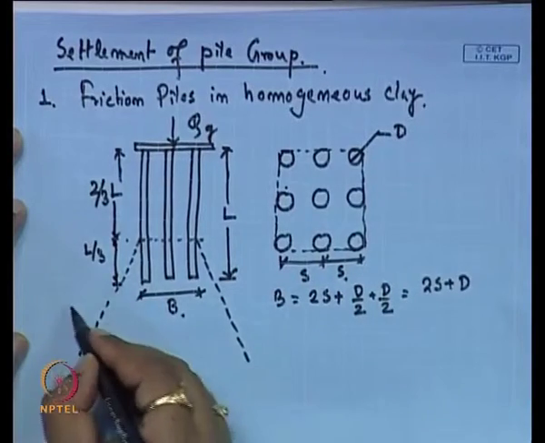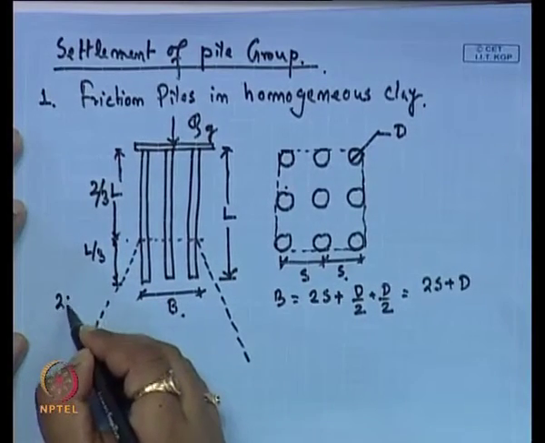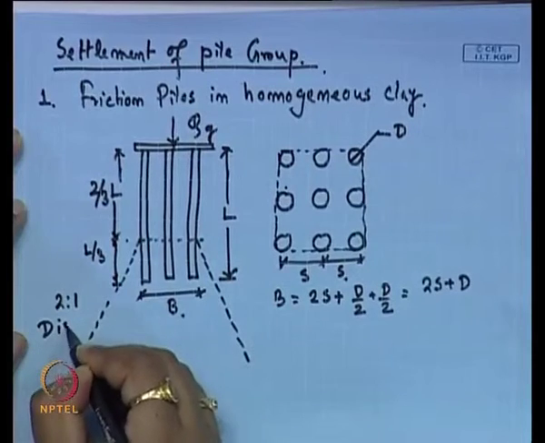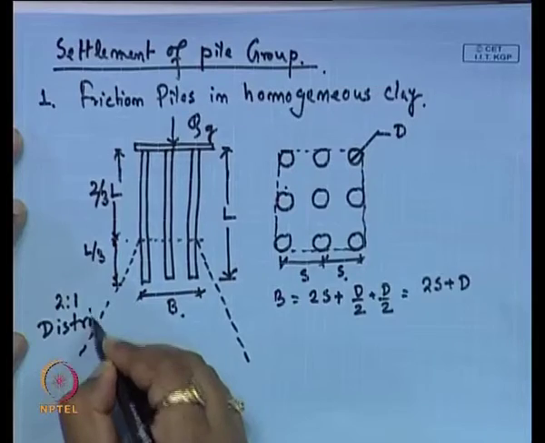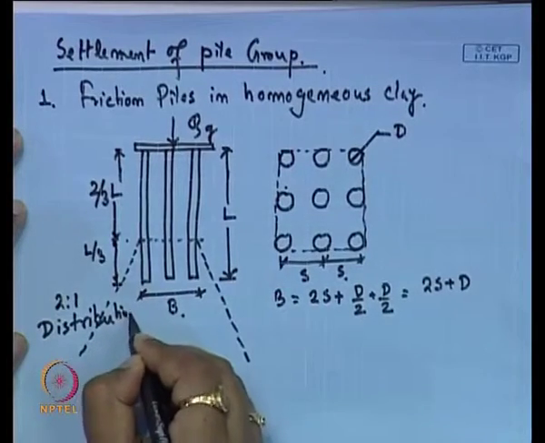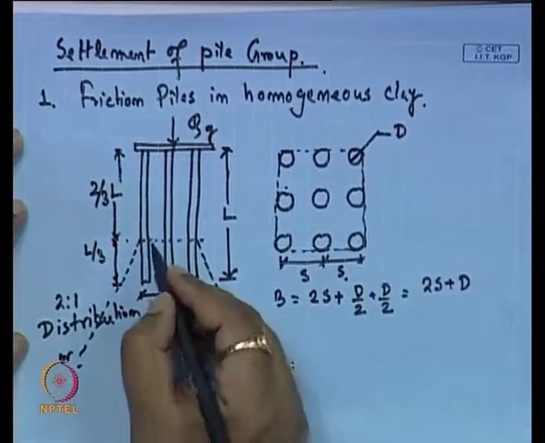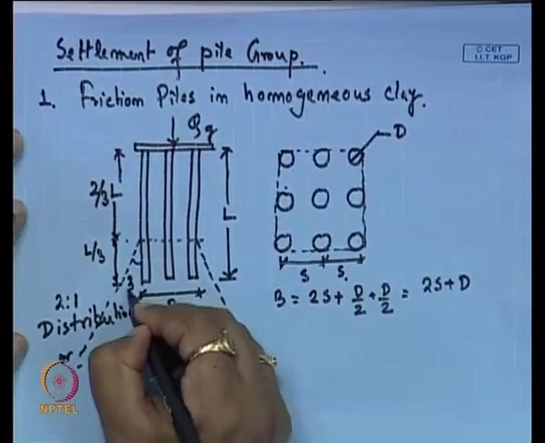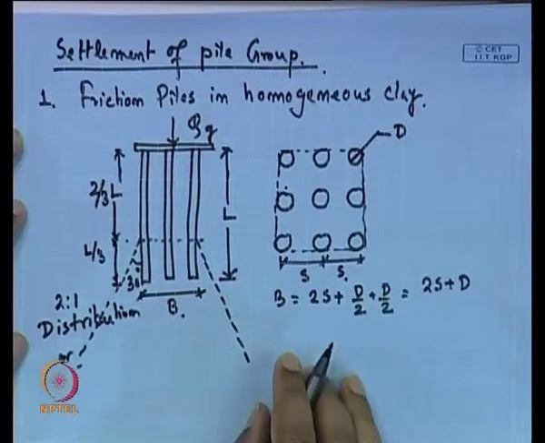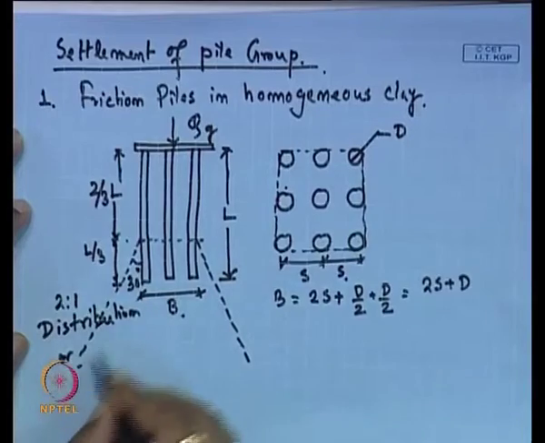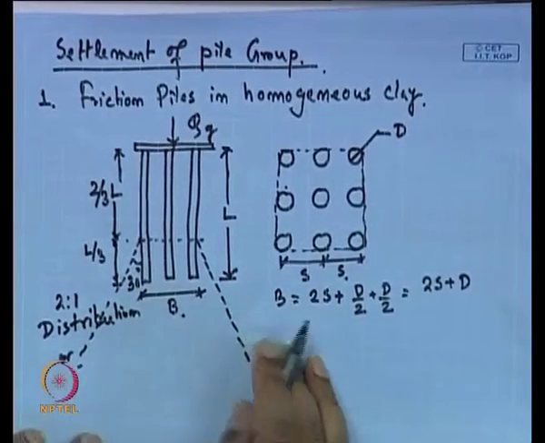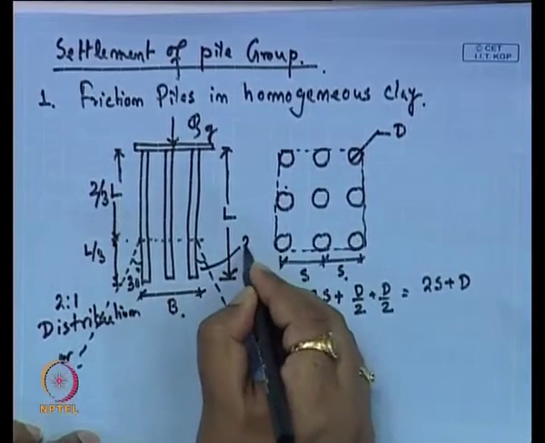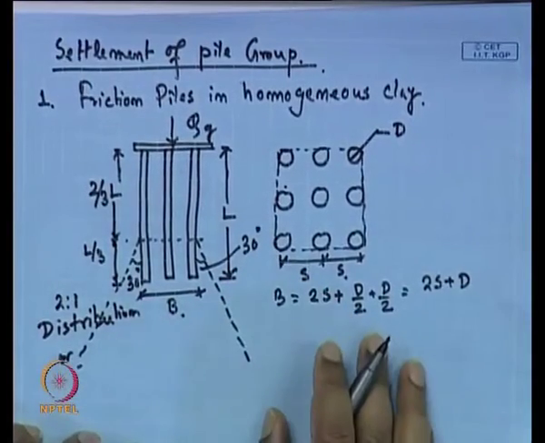This distribution can be 2:1 distribution, or this angle can be 30 degrees. So, this one is also 30 and this one is also 30 degrees.